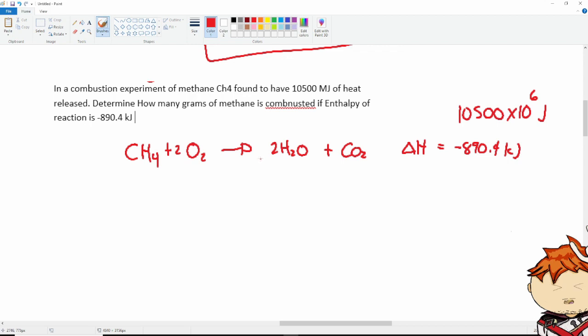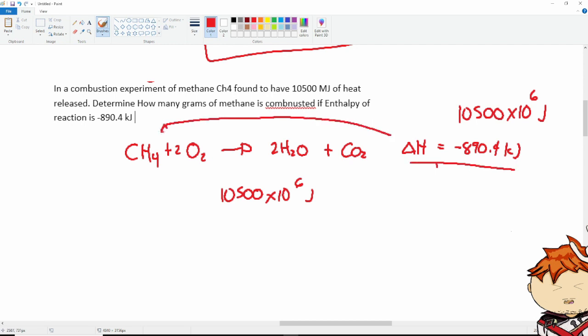So, the total heat released is 10,500 times 10 to the 6 joules. Right? Joules. And when we say enthalpy, for every 1 mole of reaction, we have 890.4 kilojoules. So, we just divide this by 890.4 times 10 to the 3rd joules, since kilo is a prefix.